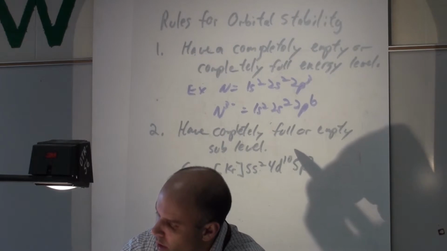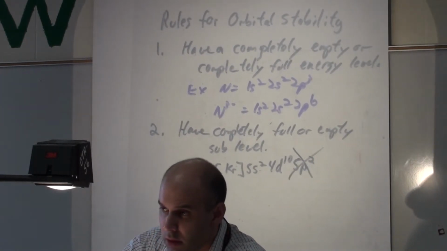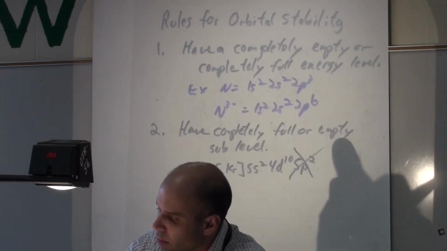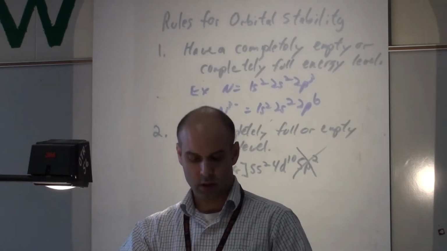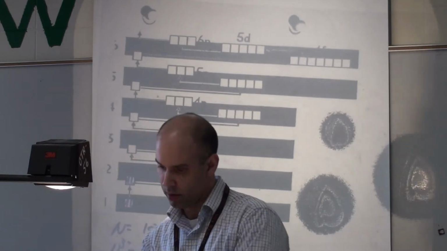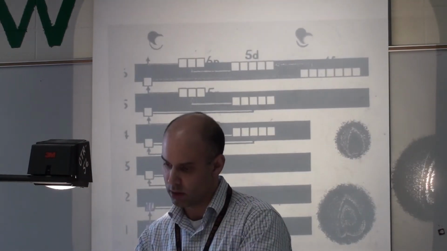Now, if I got rid of the 5p's, that means I'd have a completely empty P sublevel. To show you on here, it could look like this.